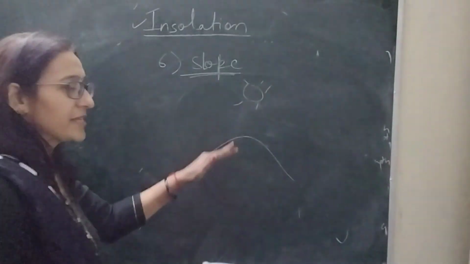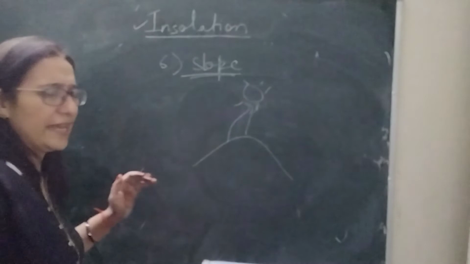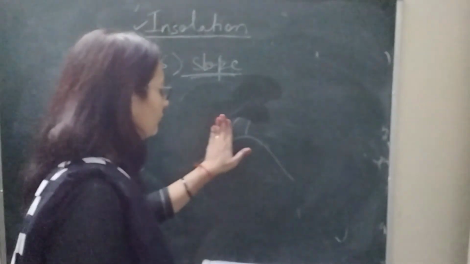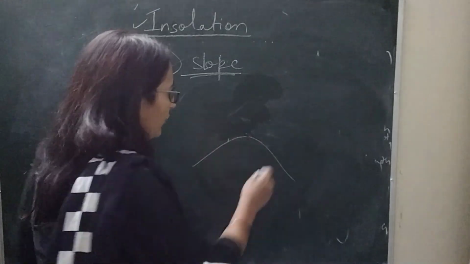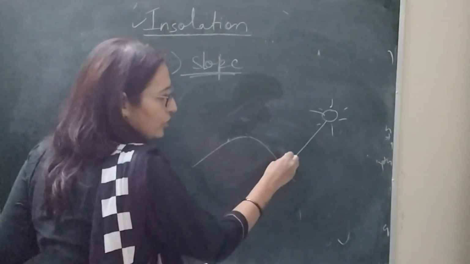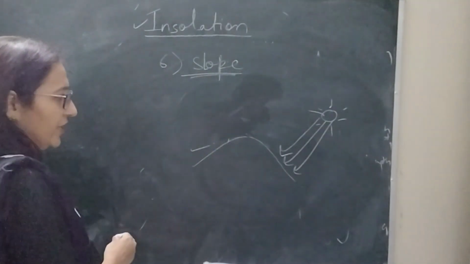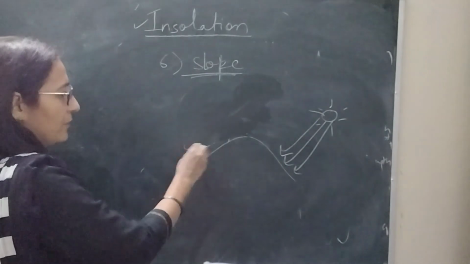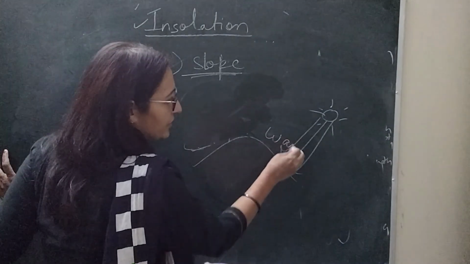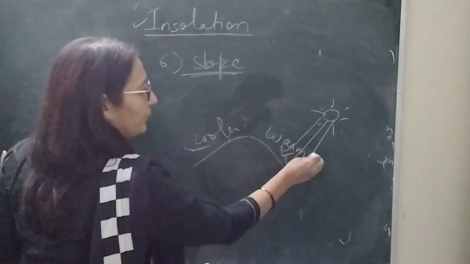If one side of the mountain receives the insolation, I can explain in this way. Now, which side of the mountain receives more insolation? This side. The opposite side of the mountain, the leeward side, is not able to receive insolation. So this side is warmer and this part is cooler.